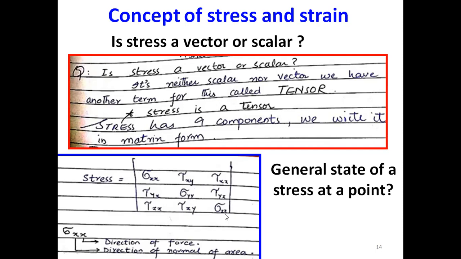The stresses on the diagonal are normal stresses. Tau xy means that the area normal is along the x-axis, whereas the force is along the y-axis, and because of that we would have this shear component tau xy. So we would have the general state of stress at a point. We would have 9 components.